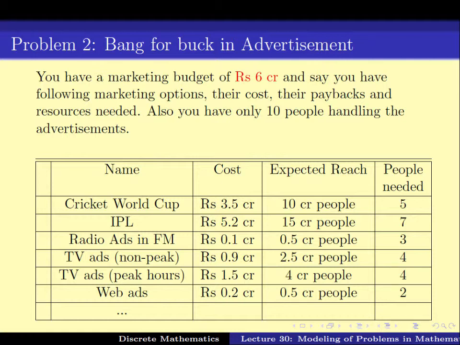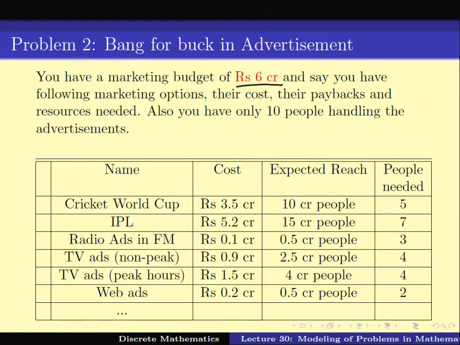Of course, your goal is to spend this 6 crore in such a way that the total expected reach is maximized, and you neither want to overspend more than 6 crore, nor invest in things for which you will require more than 10 people.